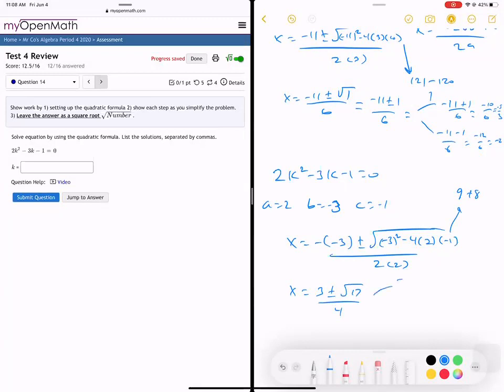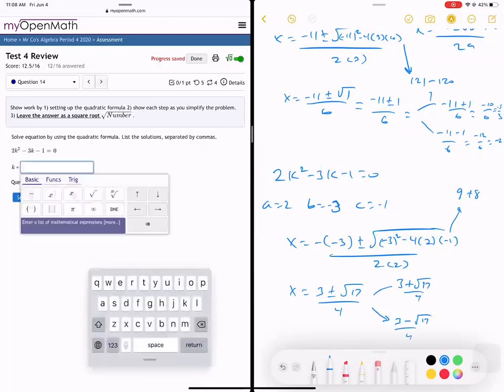Now, they want you to write both of these answers separated by a comma. So the first answer is 3 plus square root of 17 over 4, and the second one is 3 minus square root of 17 over 4. We have to write those both separately here. If you're typing this out on a computer, you could use copy and paste to save yourself a lot of time.